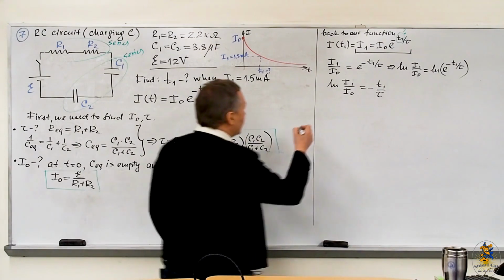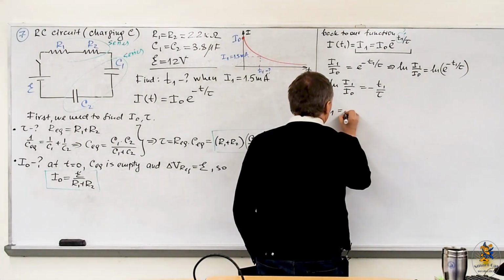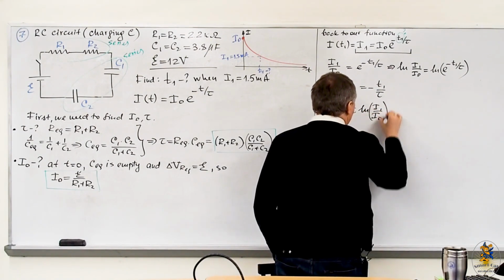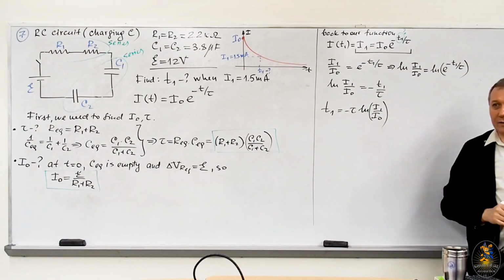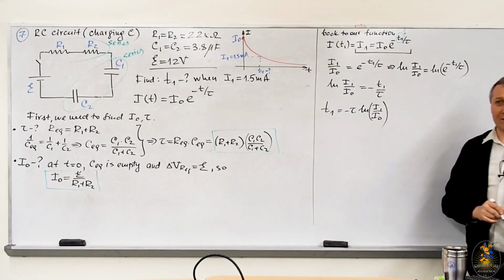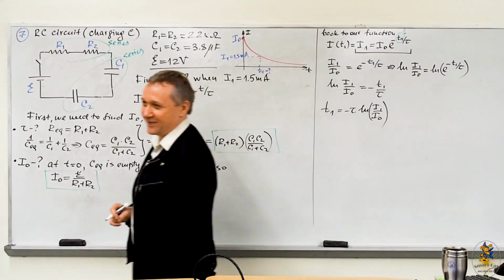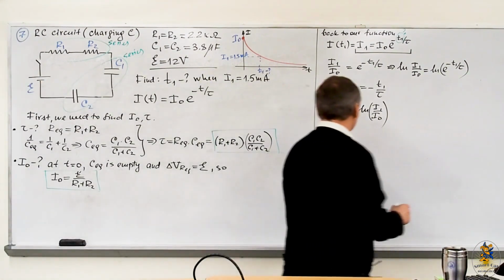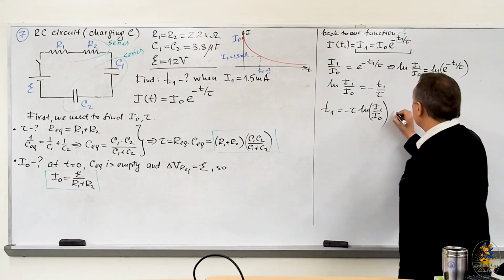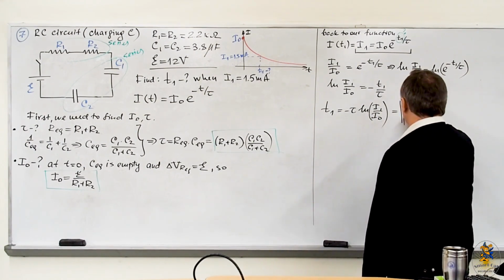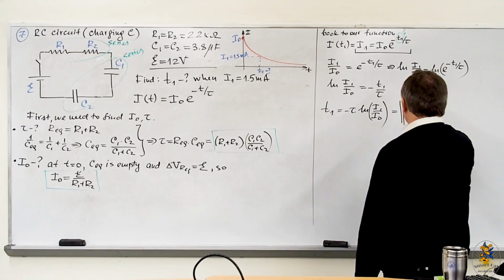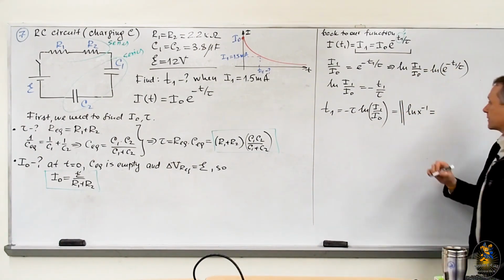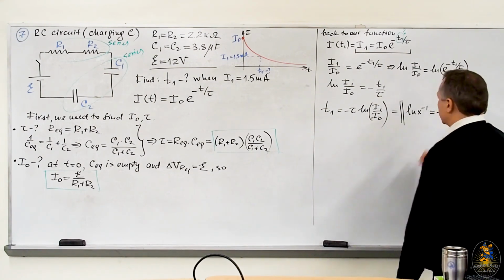So T1 equals minus tau times the natural log of the ratio. And like in my recitation classes, I told you, whenever there is a minus in front of everything, I usually try to hide it somewhere, following the suggestions of psychologists, right? Be positive. And you remember the properties of log functions. If you have the natural log of x to the power of minus 1, it's a minus natural log of x.